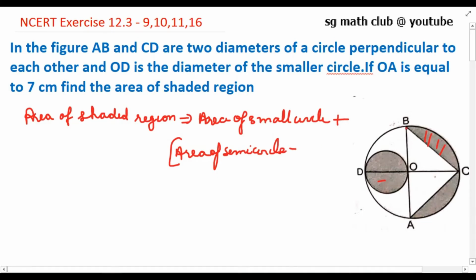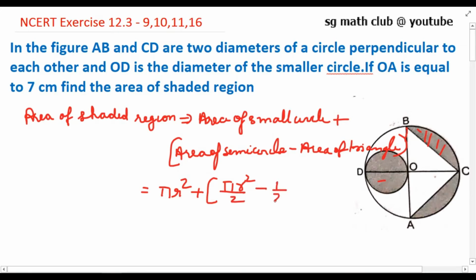If you take the semicircle, the full part will come, and we need to find only the area of this part, so we have to subtract the area of the triangle. Now the area of the small circle is pi r square, plus the semicircle area pi r square by 2, and the area of the triangle is half base into height.